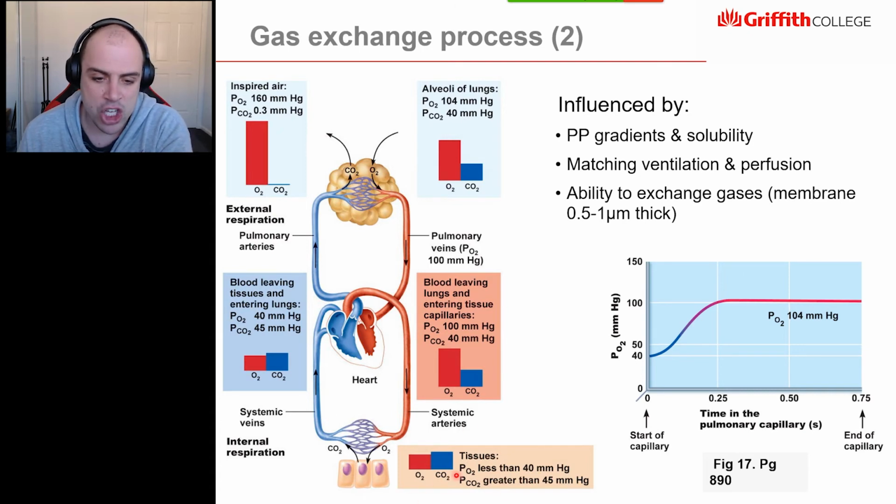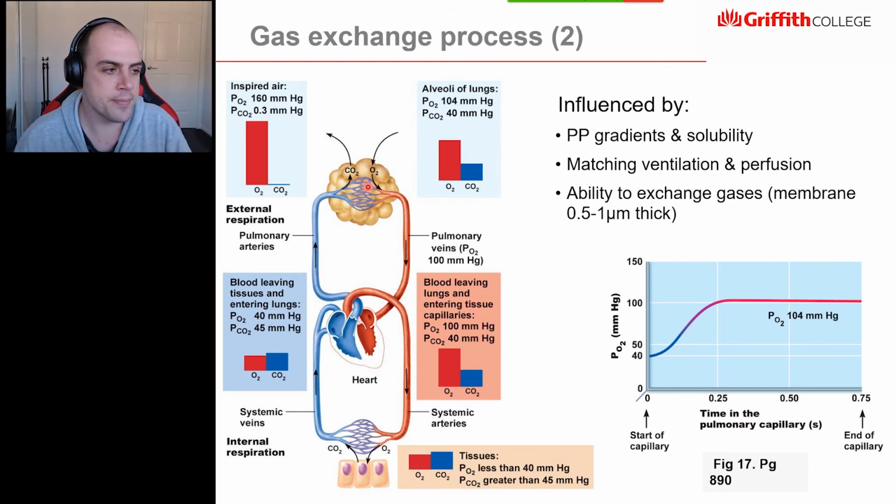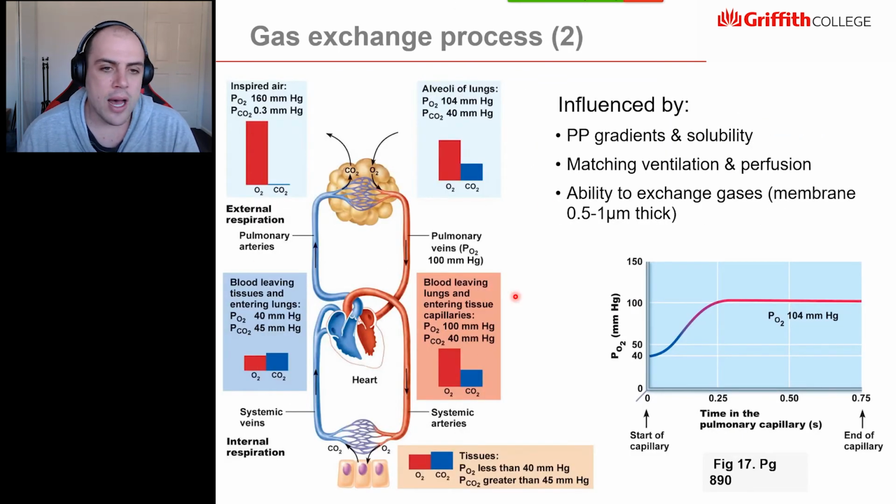We can see a huge change now in oxygen and carbon dioxide, which means as we go back up through our venous network, we can see 40 millimeters of mercury of oxygen and 45 millimeters of mercury of carbon dioxide, moving back into the heart and going back to the lungs to undergo that external respiration. But we already knew a lot of this, which is good. This is just putting the values we've been looking at into our pulmonary and systemic circuit, which we've already covered.